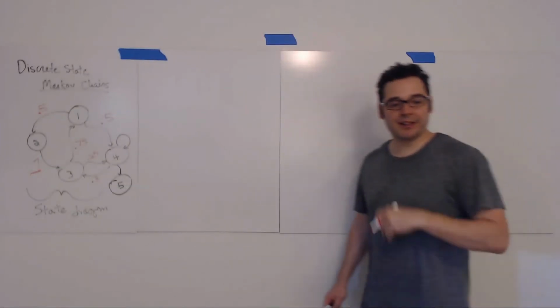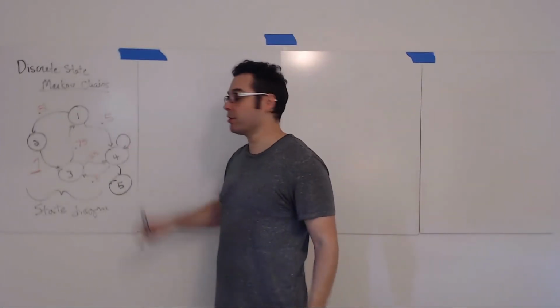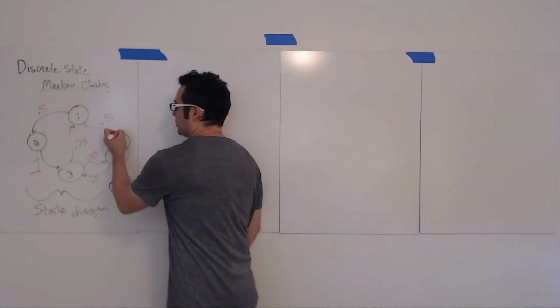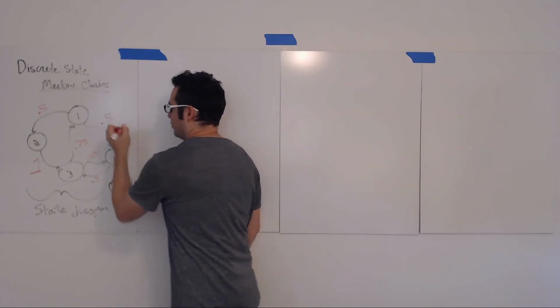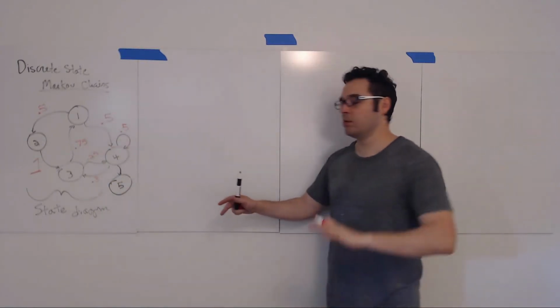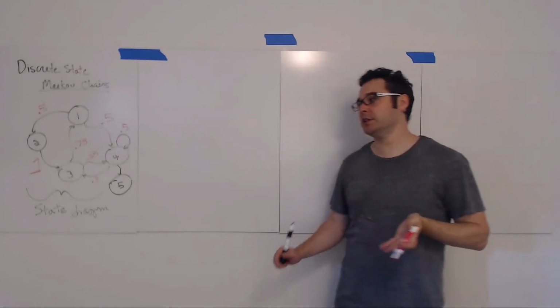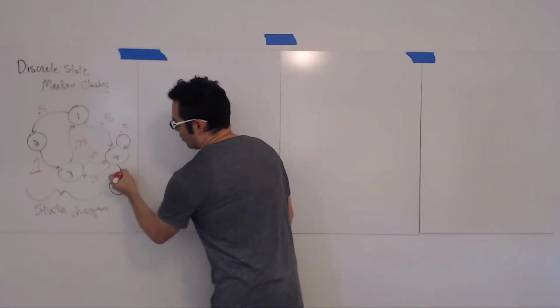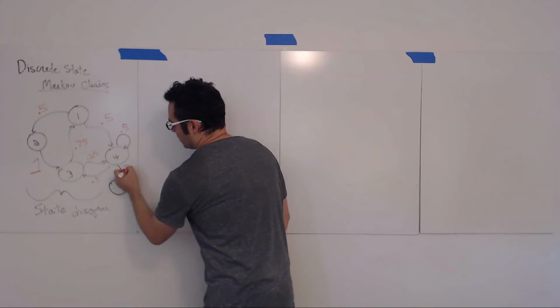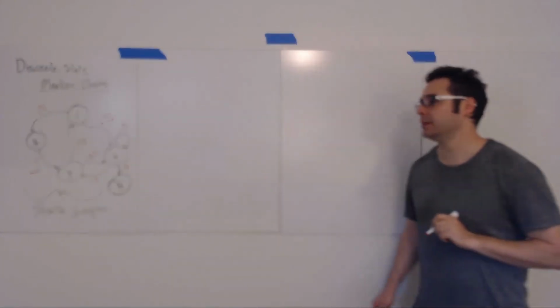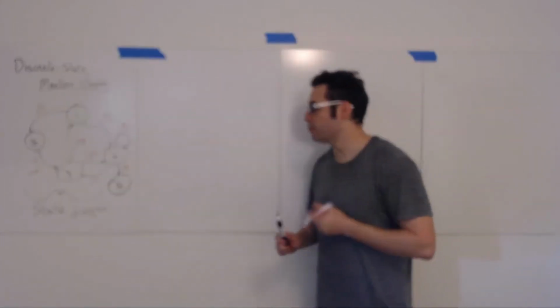There's some probability that you continue to stay at bar 4, and we'll put that as 0.5. And so in order to make sure that the probabilities sum up to 1, we know that the probability that you go to state 5 is 0.2.